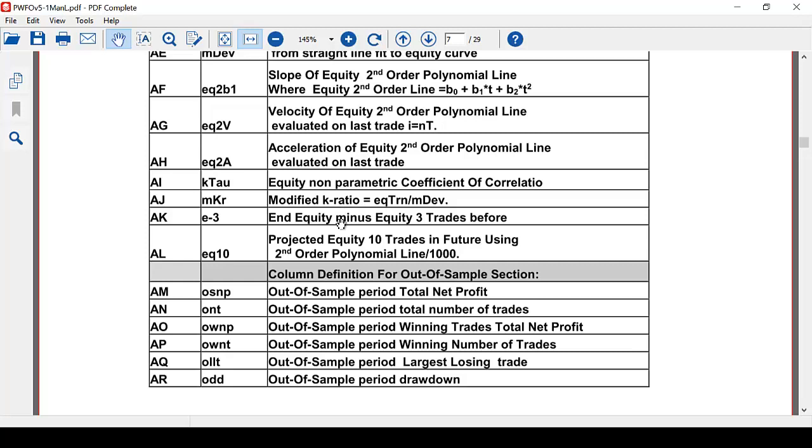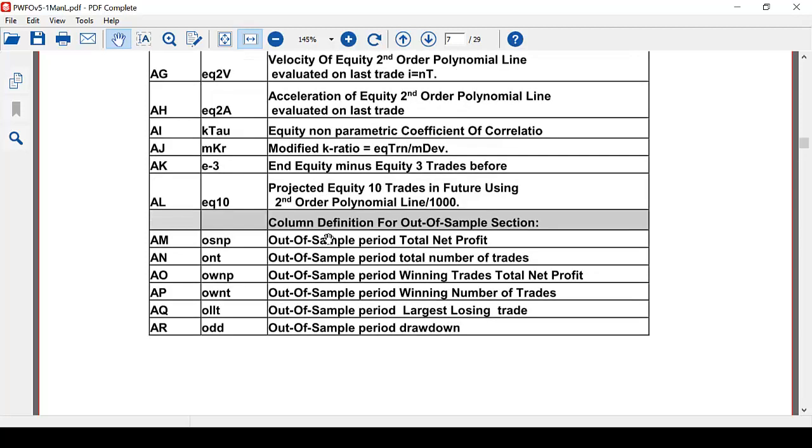It shows how fast the equity curve is moving in the last moments, in the last 3 out-of-sample dates. Equity trend is the projected equity 10 trades in the future using the second order polynomial line. And of course, the out-of-sample section, which I explained above, has its parameters as well.